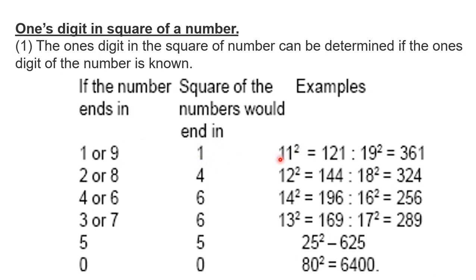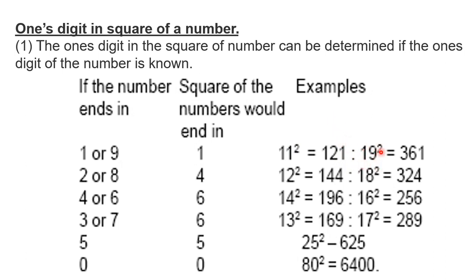For example, we take 11 square. The unit place of 11 is 1. So when we find 11 into 11, that is 11 square, we get 121. Here the unit place of 121 is 1. So when the number ends with 1, its square number also ends with 1.